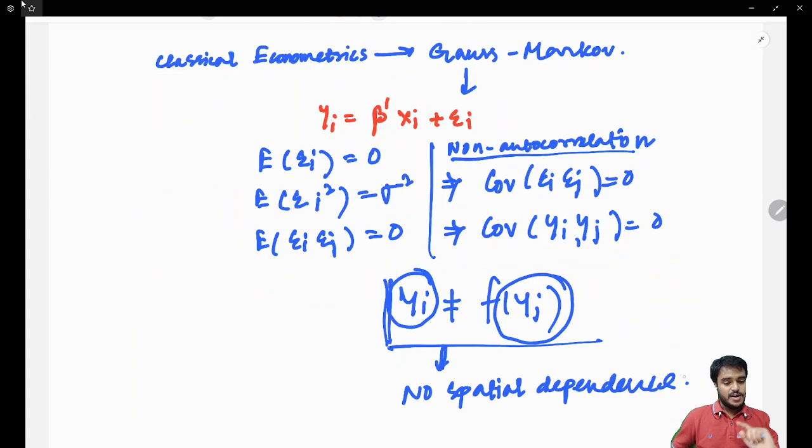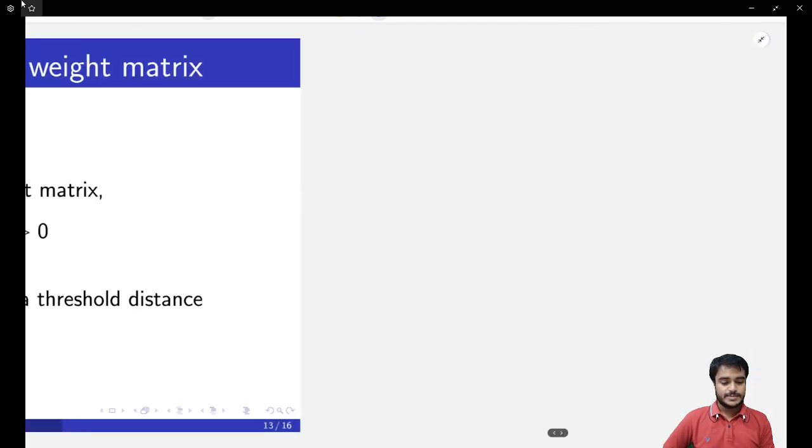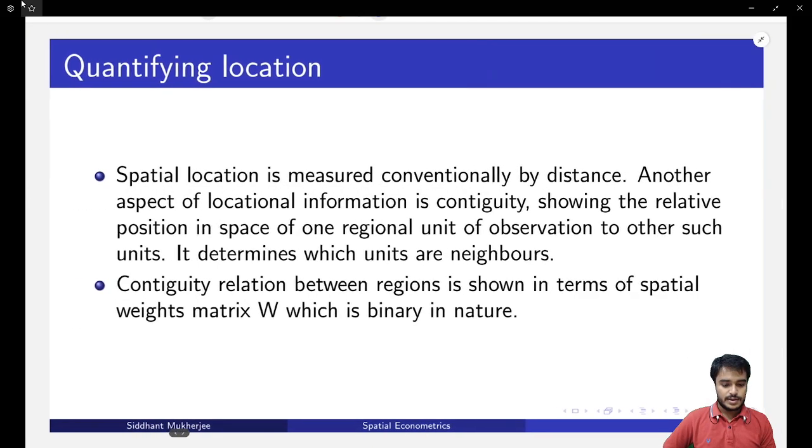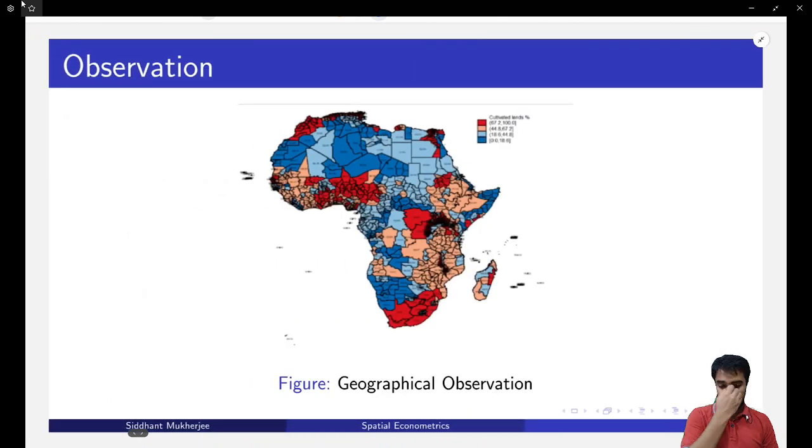Okay, now we come to our example. In spatial regression or spatial econometrics, what does it basically say? It basically captures the regional estimations. Suppose this is agricultural dependencies on the regional sectors of Africa.